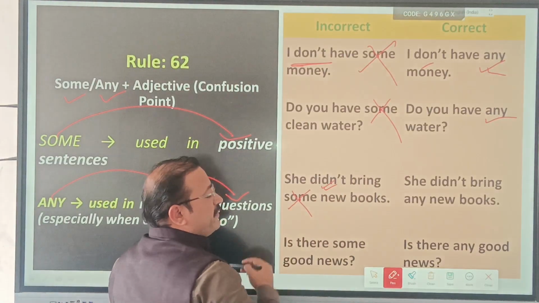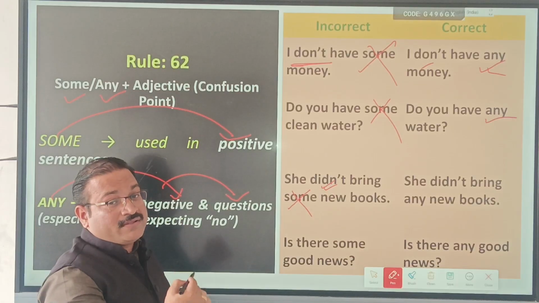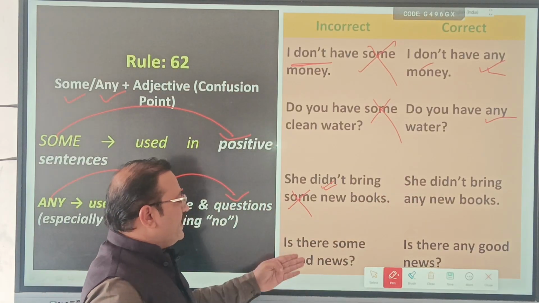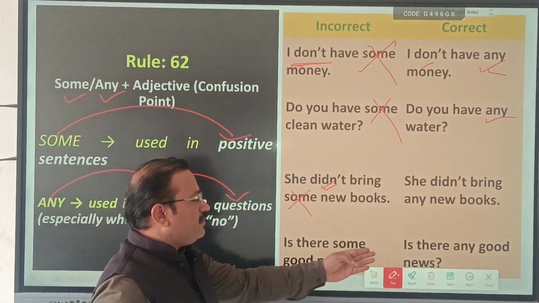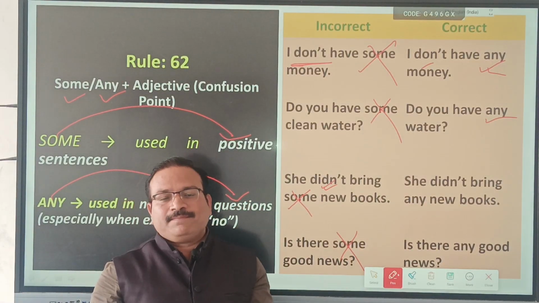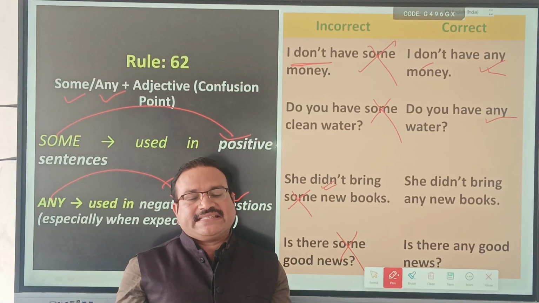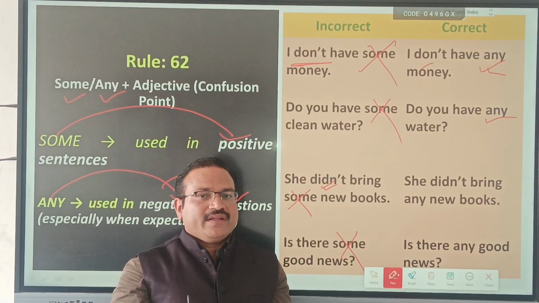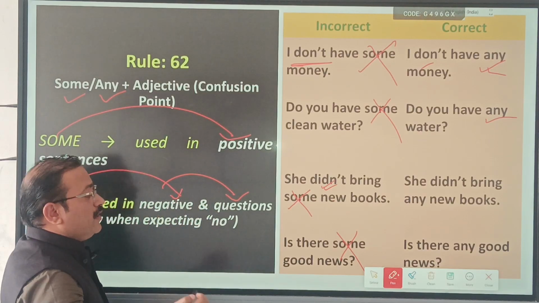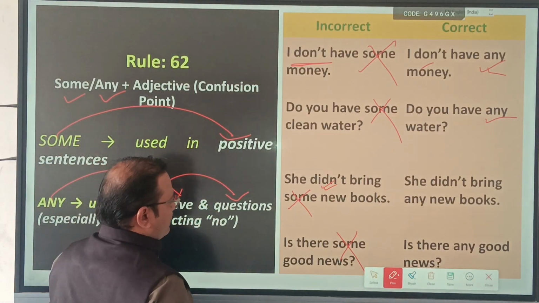Negative, so some is wrong. She didn't bring any new books. Is there some good news? Is there any good news? So in simple words, some is used in positive sentences and any is used in negative or interrogative sentences.